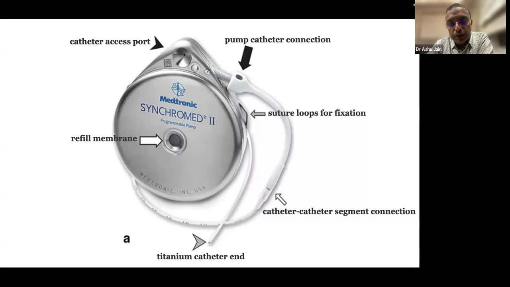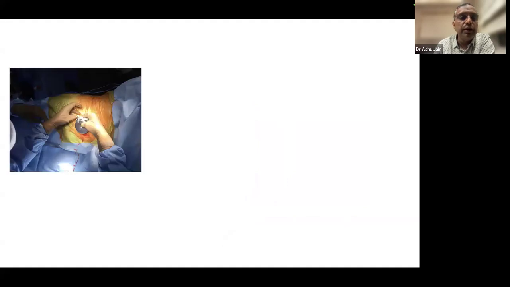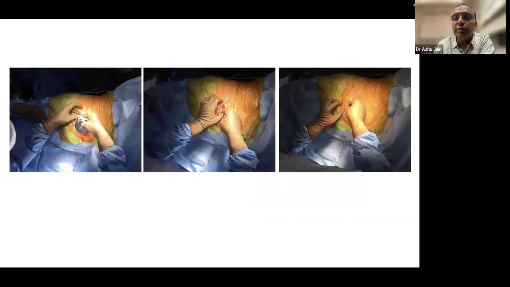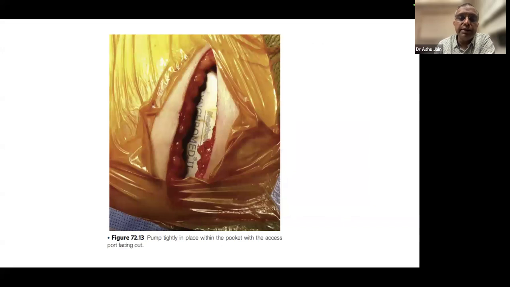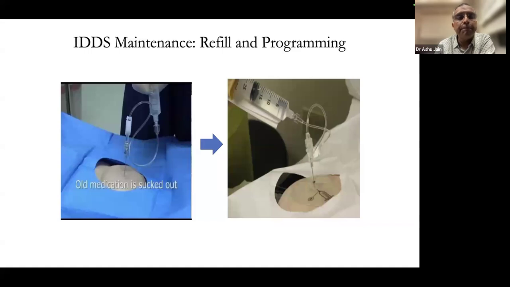So the catheter should be wound around the pump and slid below the pump, so it should not be present below the skin, so that refilling is okay. I have explained it in that video, and I have shown you these drops coming out of the catheter part, and then implanting the device into the pocket. We have also done the small suture and butterfly in the back.